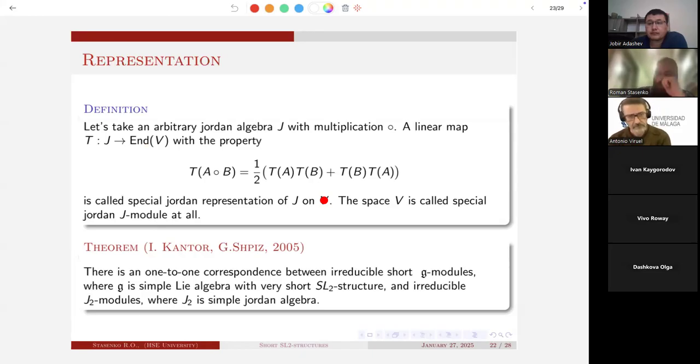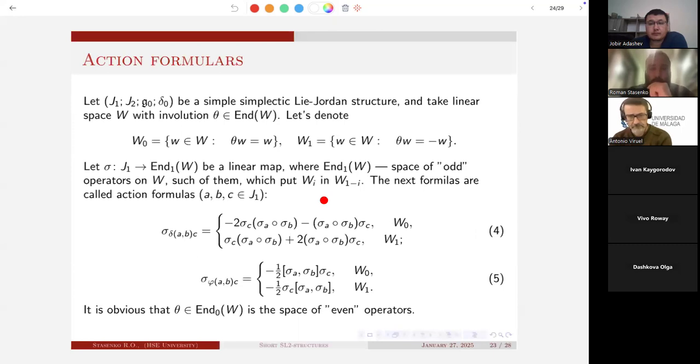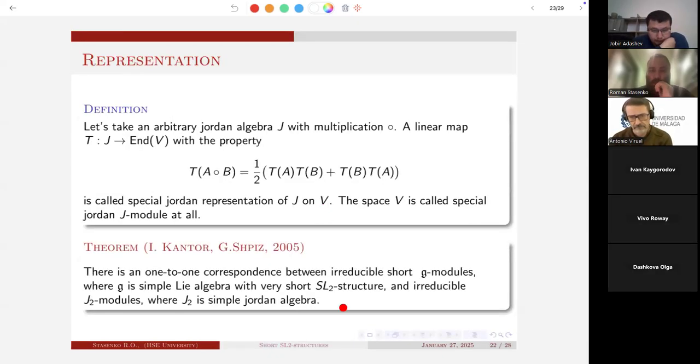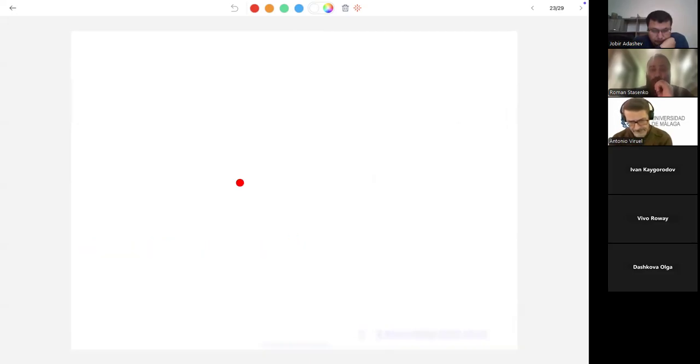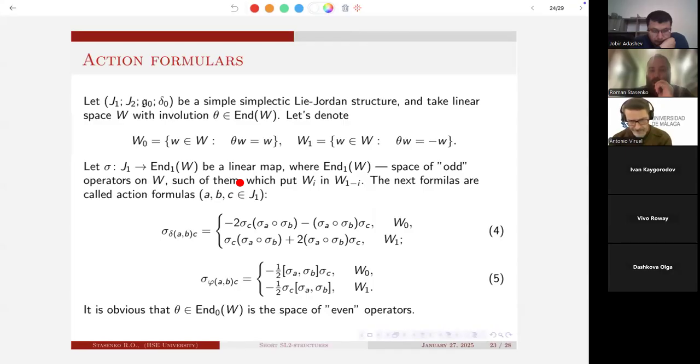So here the answer is very simple, and a few words about our case. In our case, the answer is not so simple; it's hard, but the very interesting thing is that in this case we need to give the structure of J model, and here we need only the Lie algebra.